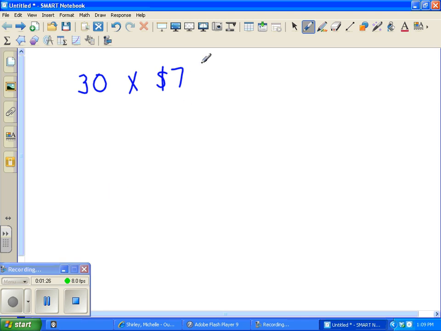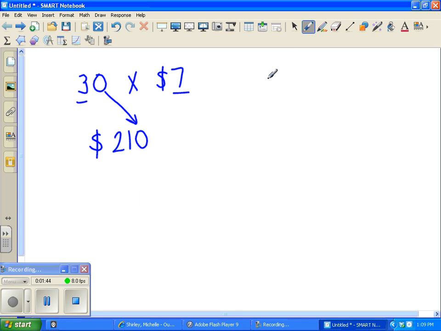Now, if we were dealing with cents, obviously we could not do that. But let's just look at the 3 times 7. That's 21, right? There's 1 zero in the problem. We're going to tack on 1 zero to the end of our answer, and it's $210.